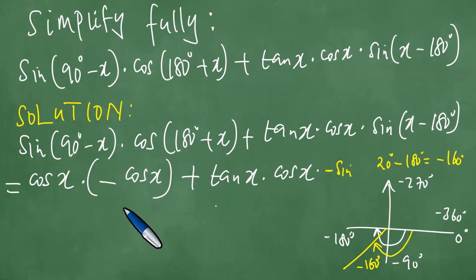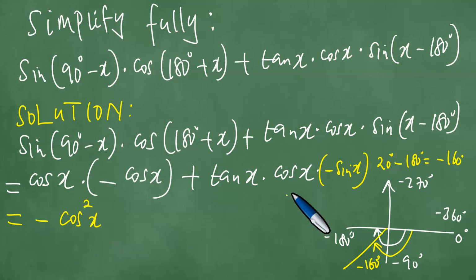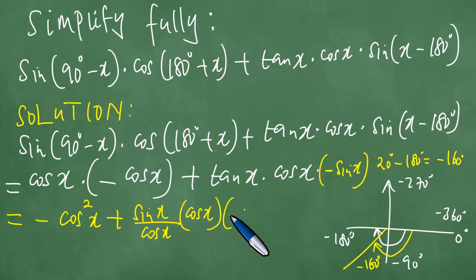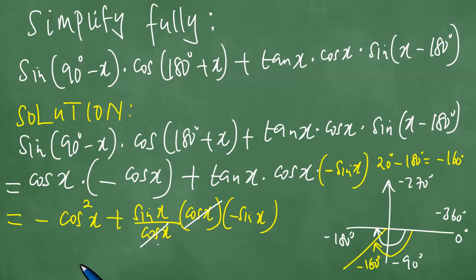Okay, what do we do next after this? Now the tangent is sine x over cosine x, and then you have minus sine x. So this is minus cosine squared x, therefore this here is minus sine squared.